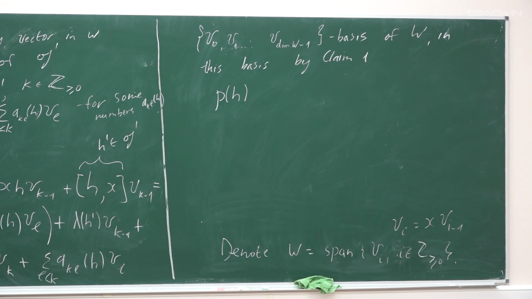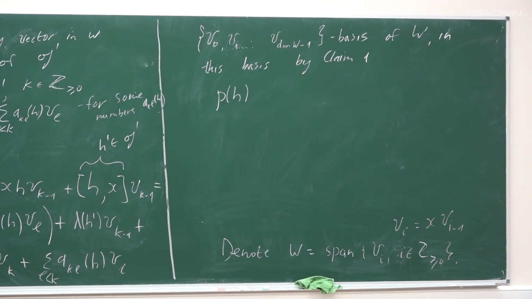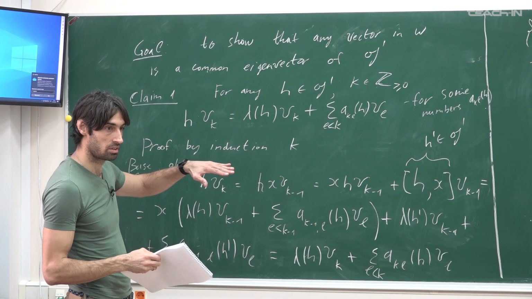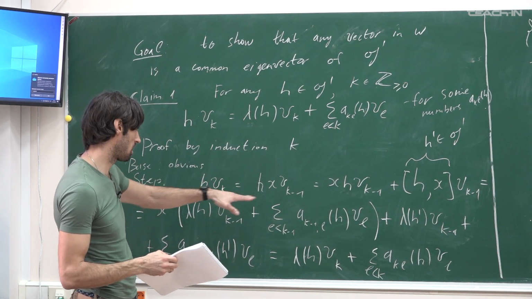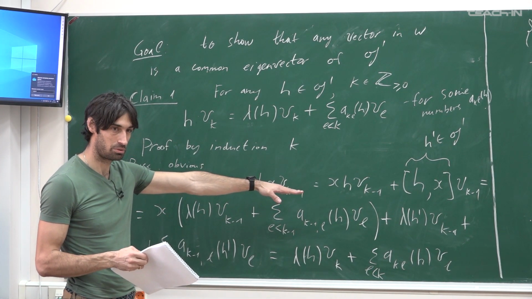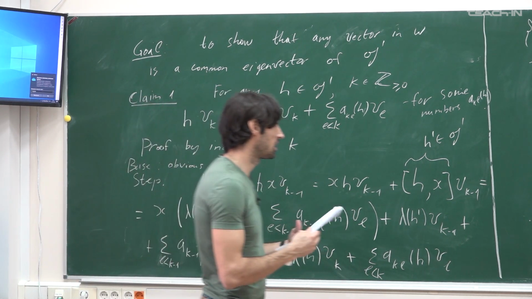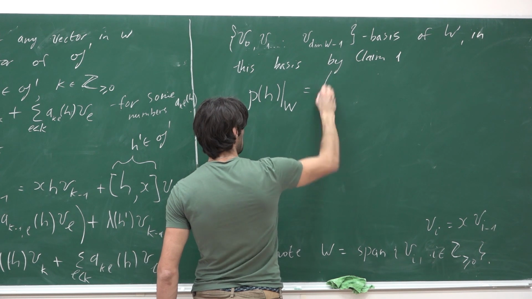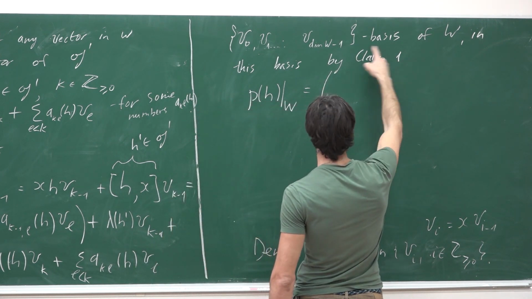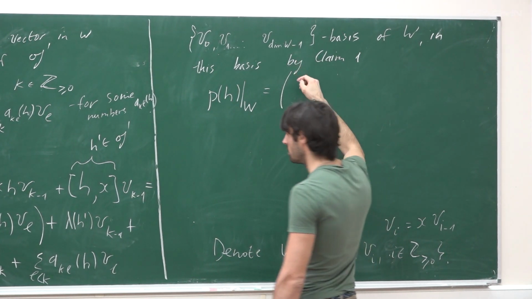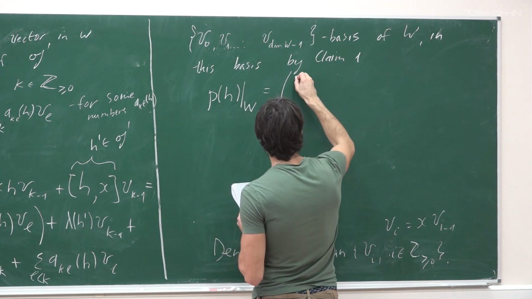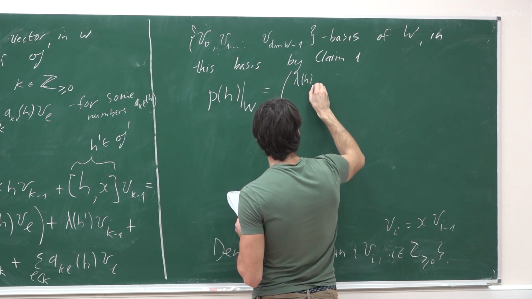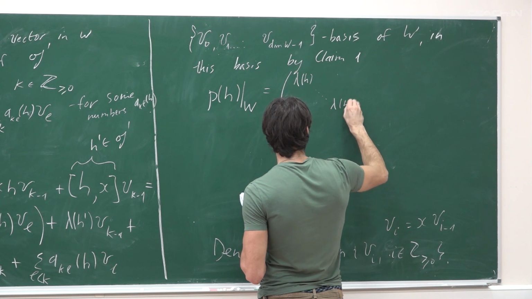By claim 1 again, W is a sub-representation of G prime, right? So I never go outside of W. On the other hand, if I take rho of h and restrict to W, I'll get some upper triangular matrix in this basis with diagonal entries just lambda of h's.